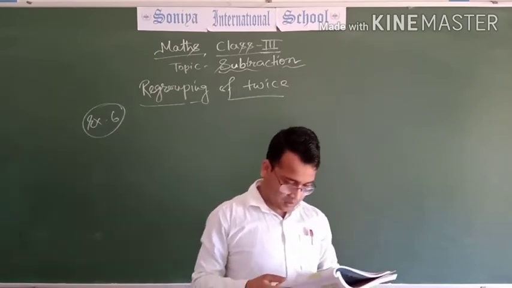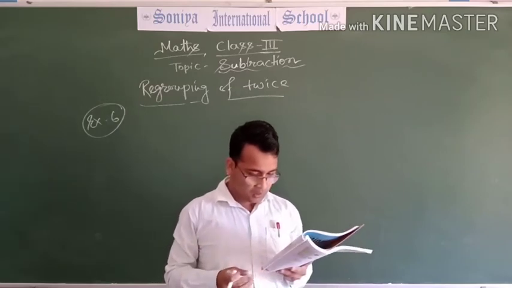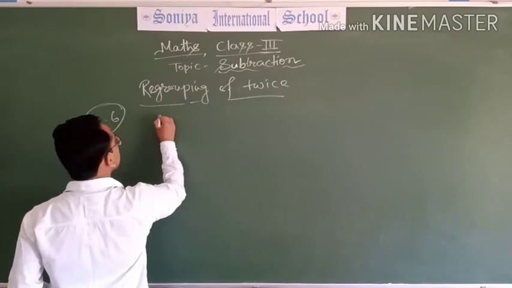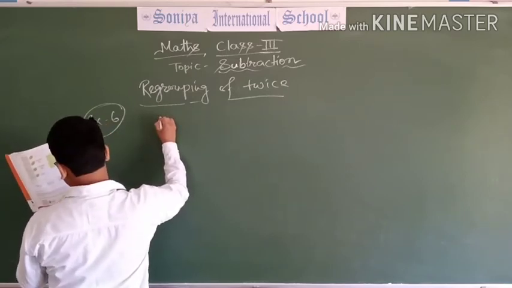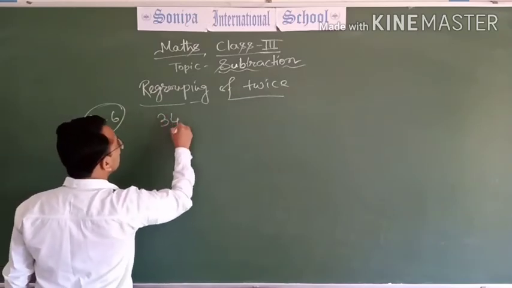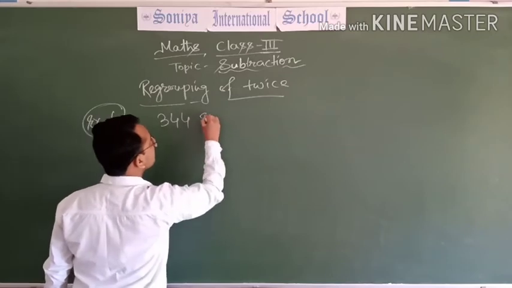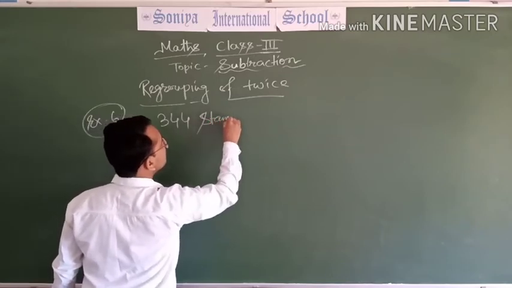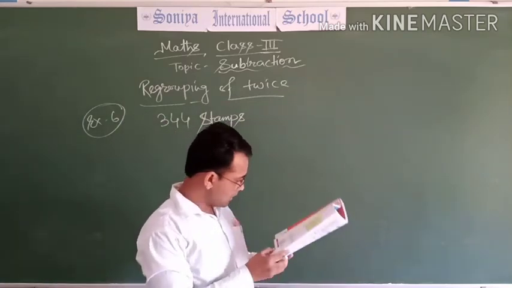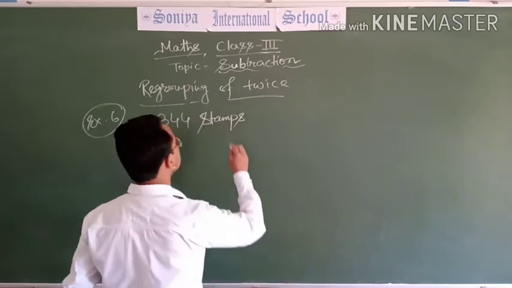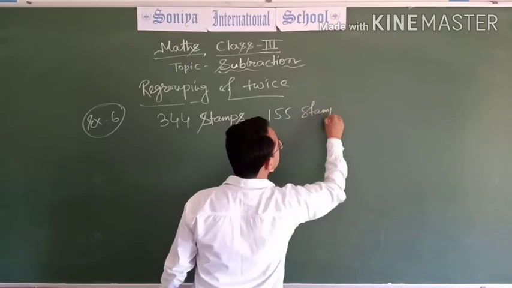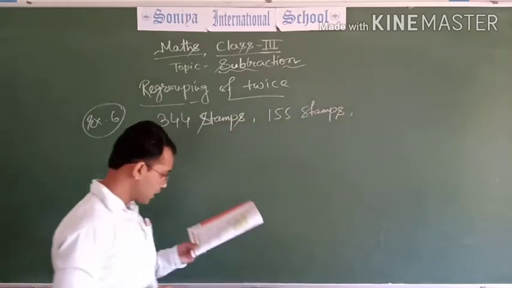Sarthak collects stamps. His stamp book can hold 344 stamps. He has already collected 155 stamps.